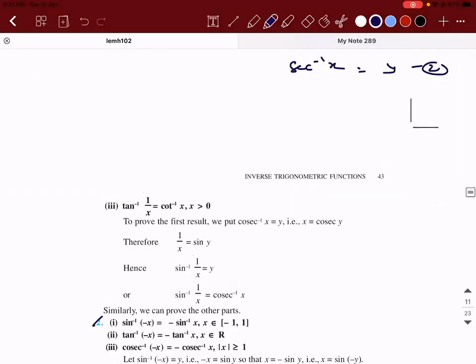Because, see, for example, I have cot inverse of, let's say, minus root 3. This is same as tan inverse of minus 1 by root 3. Actually, it can be R. So let me check it with some other book and tell you. To my knowledge, it is R only. I'm not sure why they have given it as greater than 0. Because it's the same thing. Tan inverse of minus 1 by root 3, what are you going to get?